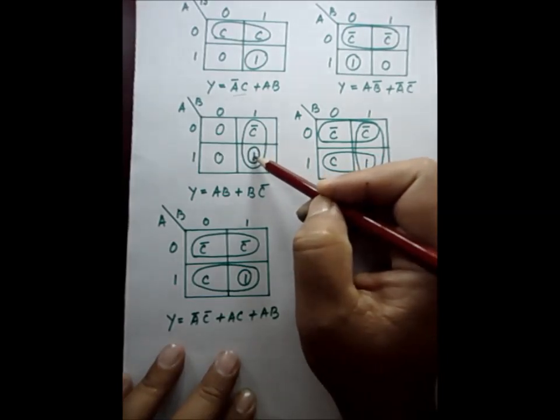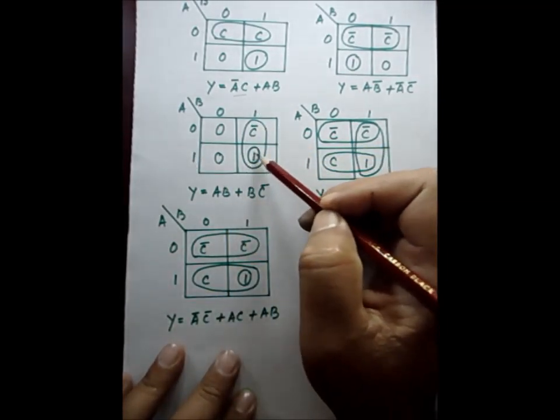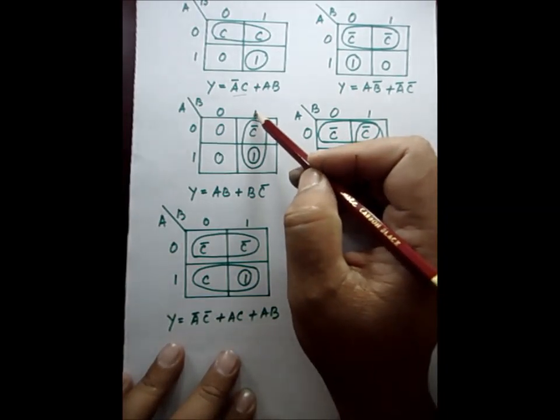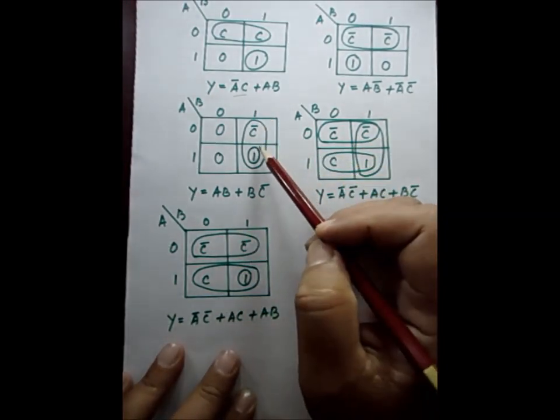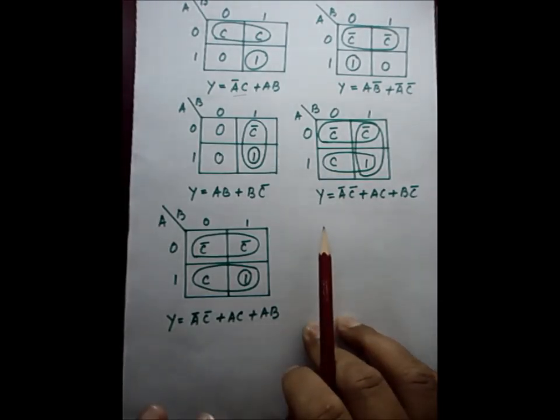For this 1, I am having here AB, and for 1 and C bar, I am having here B into C bar, and that is one of the major things in this type of grouping in the entered variable map.